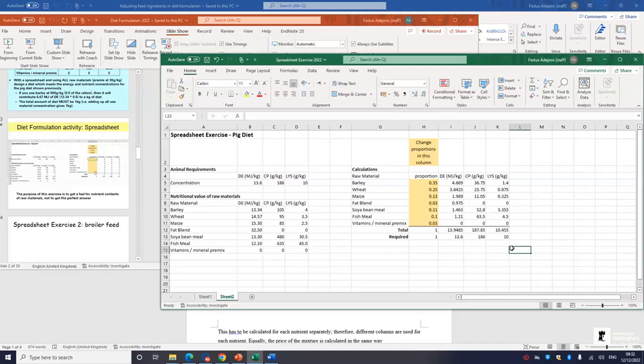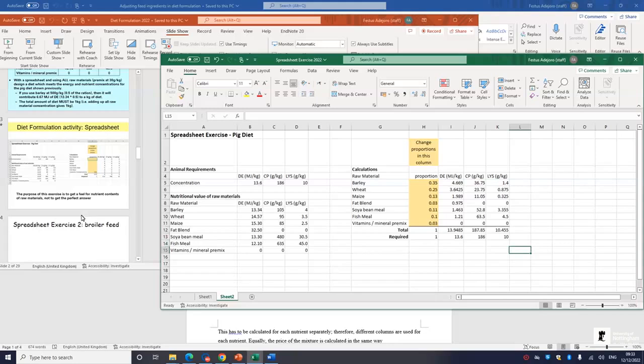If I sit down for an extra 5 minutes, I may keep adjusting until I come very close to 13.6, 186, and 10 for energy, protein, and specifically lysine. So the goal of this exercise is for you to see how we can mix these ingredients together in an infinite number of ways and get this.